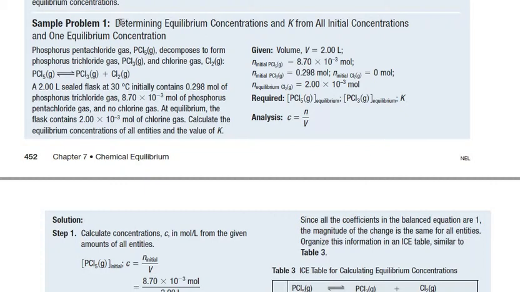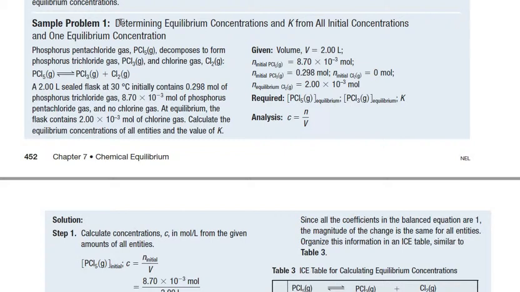So in this example, we have a reaction. Phosphorus pentachloride gas, PCl5, decomposes to form phosphorus trichloride gas, PCl3, and chlorine gas, Cl2. A 2-liter sealed flask at 30 degrees Celsius initially contains 0.298 moles of phosphorus pentachloride gas, with a concentration of 8.7 times 10 to the power of negative 3 moles of phosphorus trichloride gas and no chlorine gas.